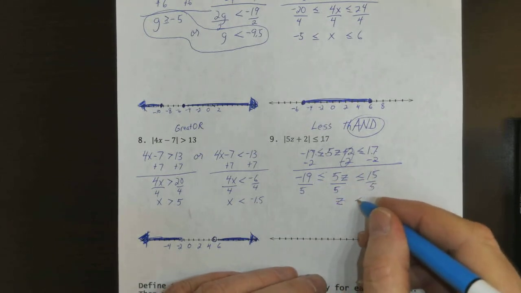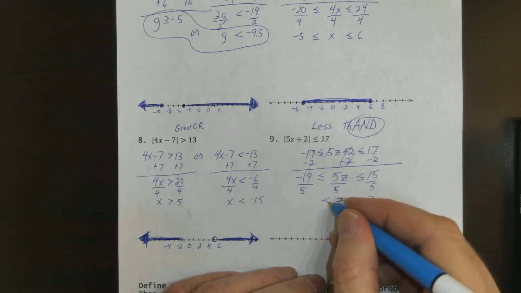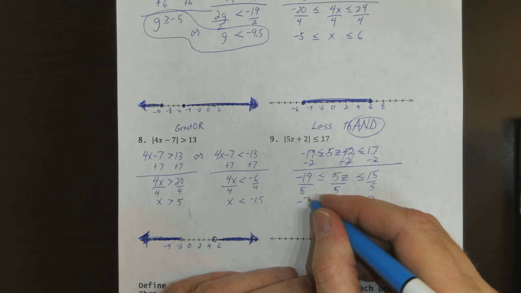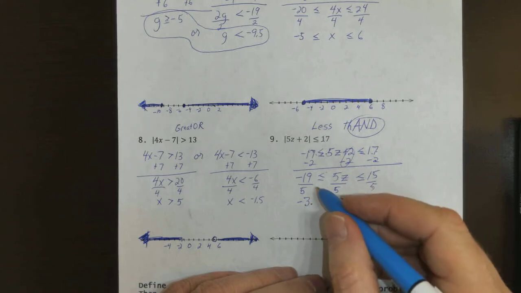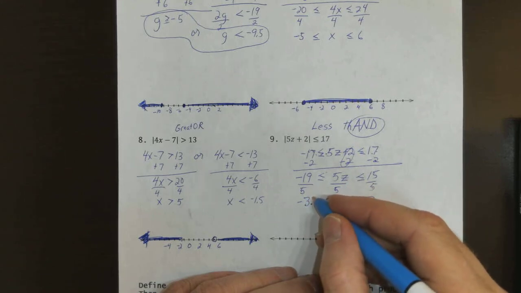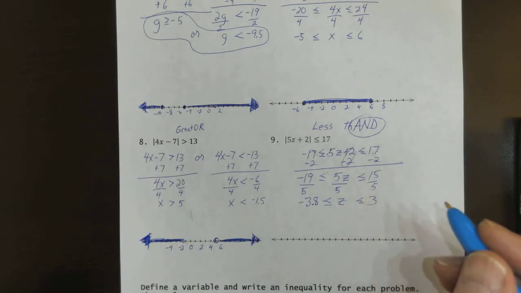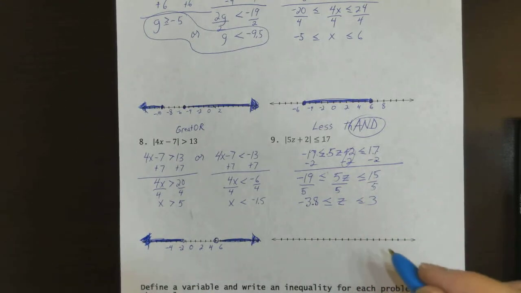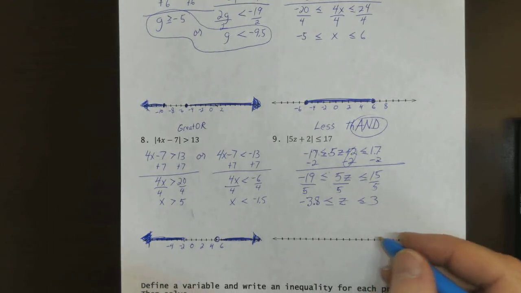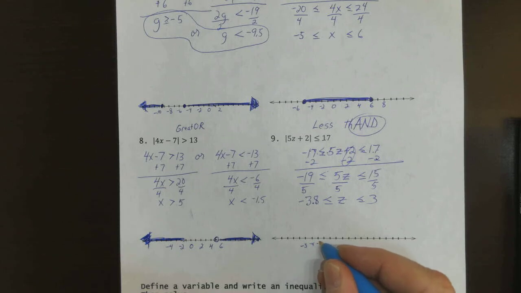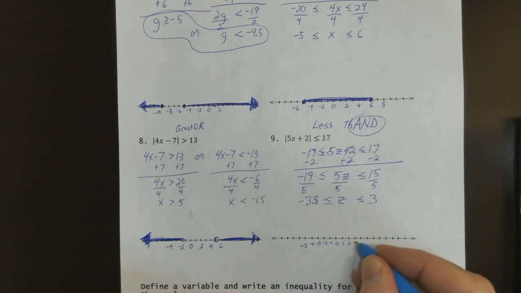I got z is less than or equal to 3, greater than or equal to negative 3.8, I think. Yeah. Okay, you can check that on the calculator. I'm going to go negative 5, negative 4, negative 3, negative 2, negative 1, 0, 1, 2, 3, 4, 5.